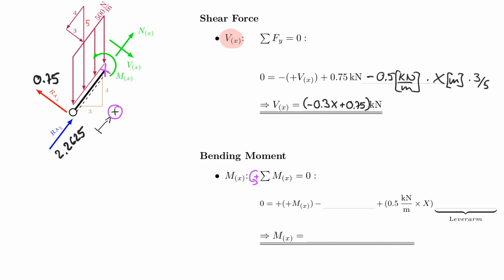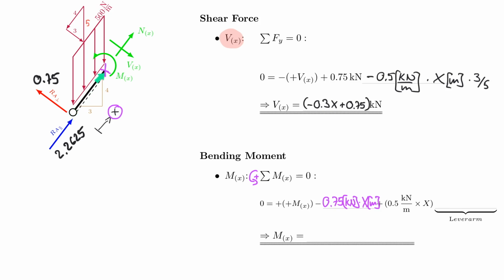So I need that to be 0.75 kilonewton times x meters. All right. So I have that component covered, and now I have also to include the 0.5 kilonewton per meter times x. So that would be 0.5 kilonewton times x. X is along this direction.